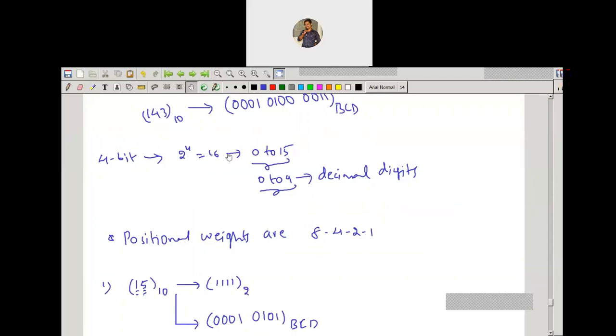Among these 16 possibilities you can represent only 0 to 9, that is only 10 are valid, only 10 are the decimal digits. The remaining 6 are 10, 11, 12, 13, 14, 15. The remaining 6 are the decimal numbers, those are not digits. That is 10 to 15. So that's why we need to add the 6 to the obtained wrong answer.